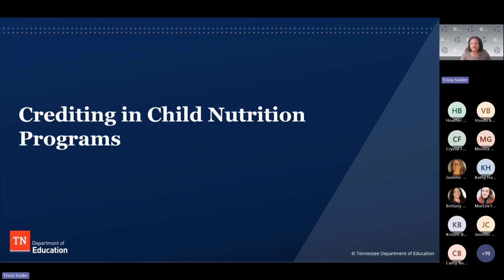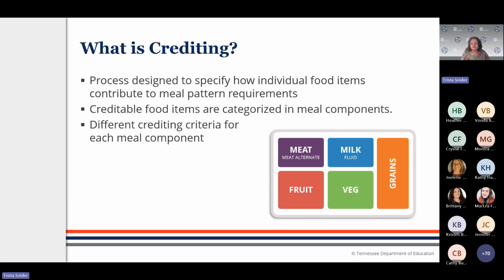So starting off, crediting in child nutrition programs. If you're new to school nutrition, you may not know exactly what we're talking about, but you may have heard of terms like the meat has to credit as a 2 meat, or the grain has to be a 1 grain. We need a 1/2 cup serving of vegetables or a 1/2 cup serving of fruit.